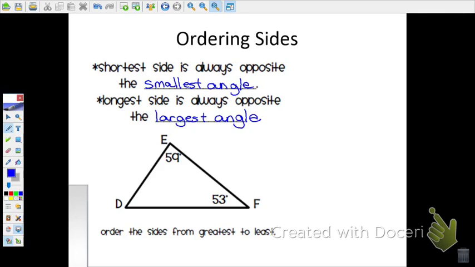Simon says that we could subtract the 59 and the 53 from 180 because we know that the three angles in a triangle have to add up to 180. Okay. 68 is correct. And just like Simon said, we could subtract the two we know from 180 because we know three angles in a triangle add up to 180.